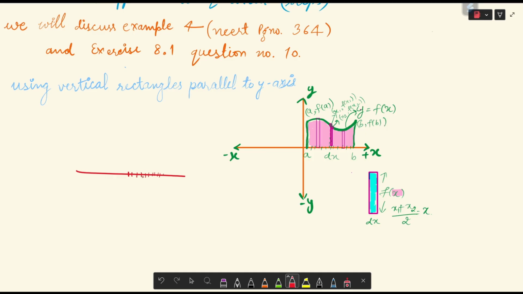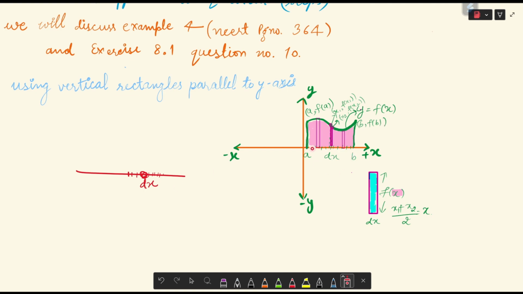Any small quantity can be represented by dx. You must have studied this. So we have divided this x-axis into small intervals.